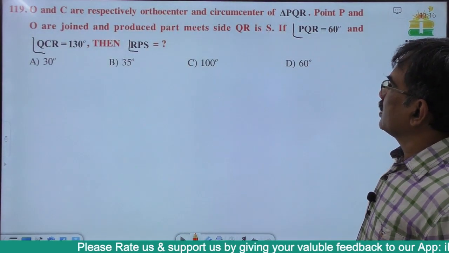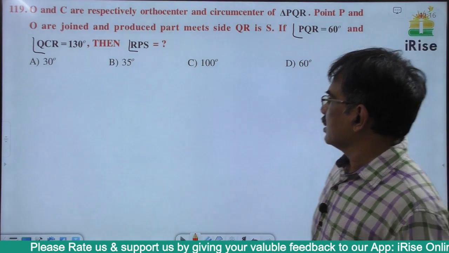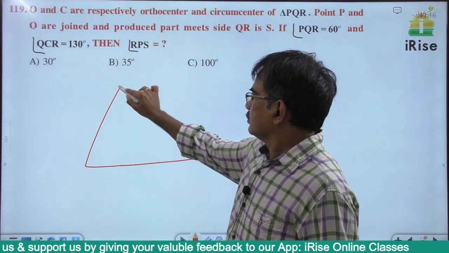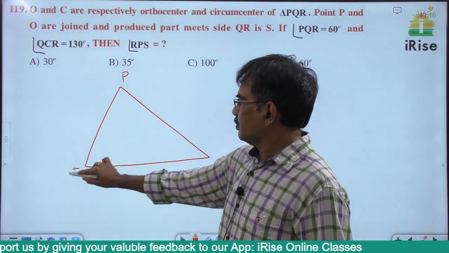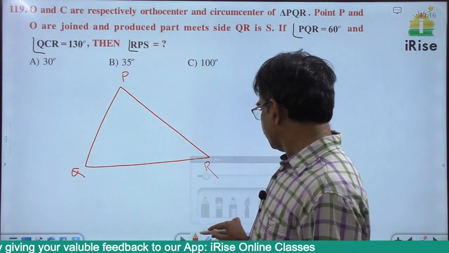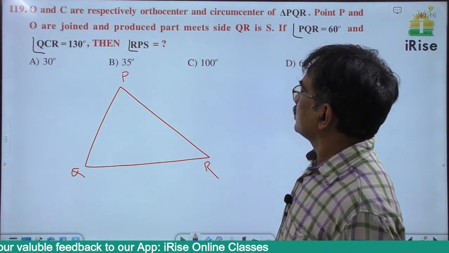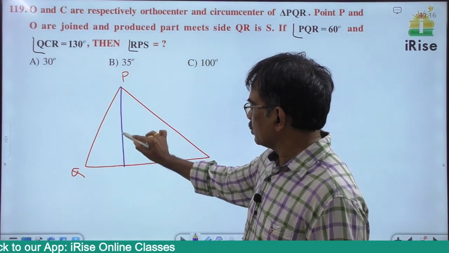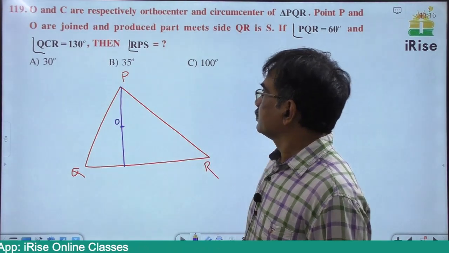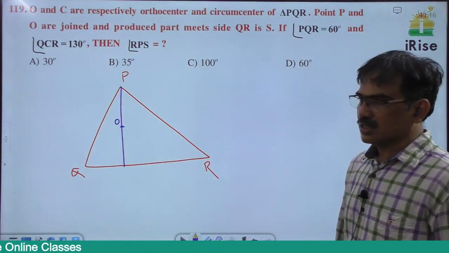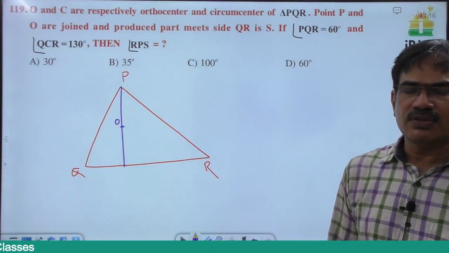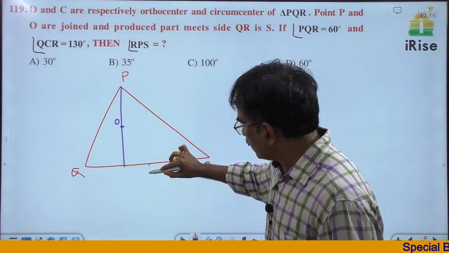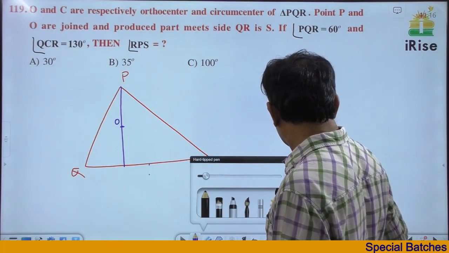O, C are respectively orthocenter and circumcenter of triangle PQR. This is a triangle PQR. O is orthocenter. Orthocenter lies on altitude. This is O. C is circumcenter. Circumcenter is the point of intersection of perpendicular bisectors. At the midpoint, if you draw a perpendicular, I want to draw like this.